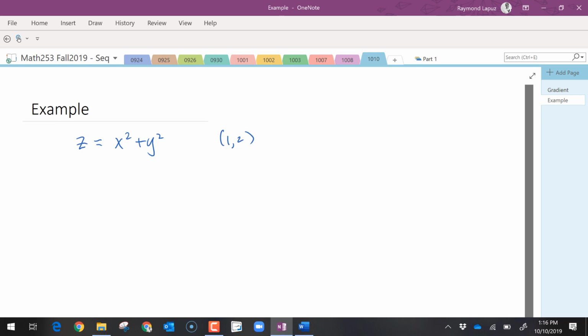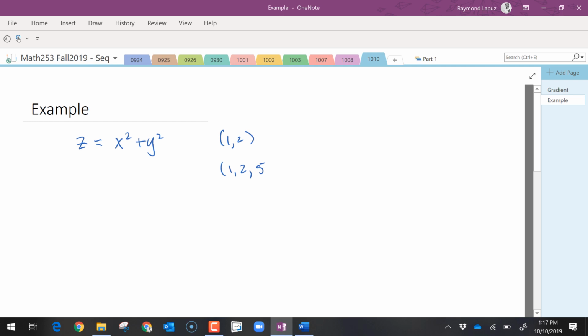Now let's pick, what is the z value if I put 1, 2 into my function? Is it 3? 4, 5. 5? 5. Okay.